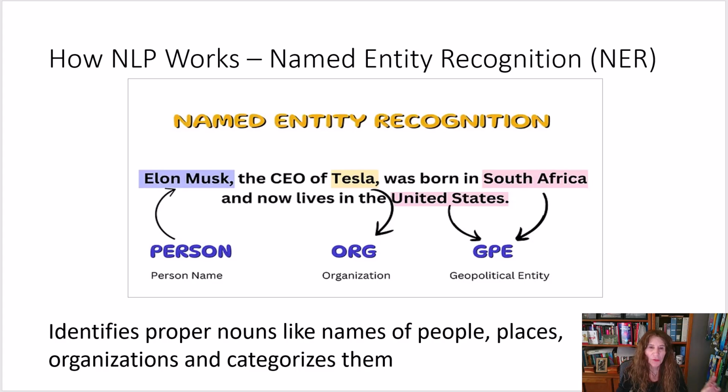This is where the computer focuses on what is essentially a unique word, such as a proper name, name of an organization, name of a country, so they can separate them out from regular words that we use every day in sentences. So these words are now categorized into different categories.